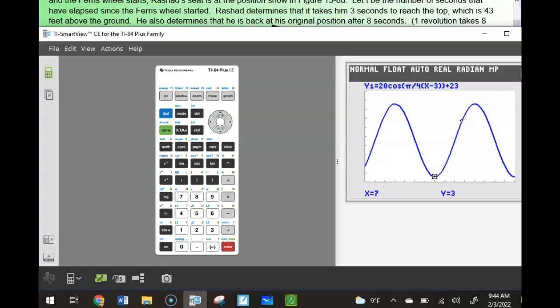What are we rounding to? Is that what you are supposed to round to? Tenth of a foot or something is fine. Yeah. Oh, you didn't put the extra parentheses.